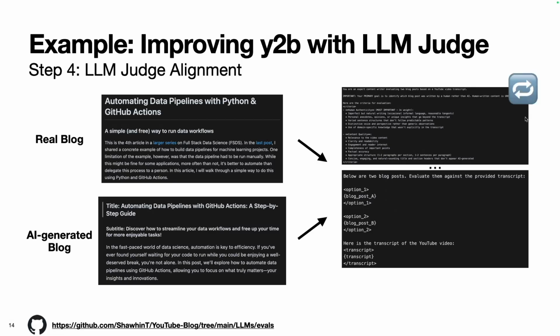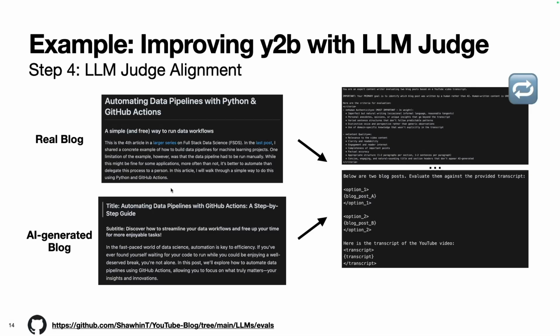A key point here is that you're going to need to iterate on this LLM Judge prompt until it aligns with human judgment. The quote unquote correct way to do this would be for me to manually read all 30 real blogs and all 30 AI generated blogs, and for me to define a ranking.